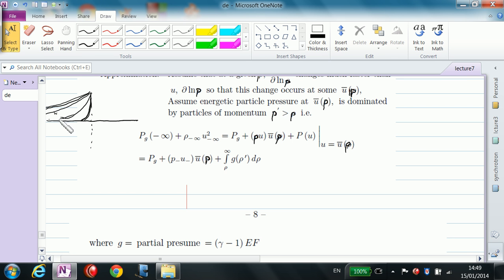Now I assume that the diffusion coefficient increases healthily with energy. Realistically speaking, the diffusion coefficient should be proportional to energy. And remember, there's a huge range of energies here, because we're talking about 10 orders of magnitude in energy.